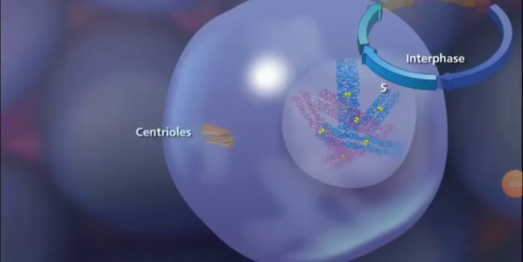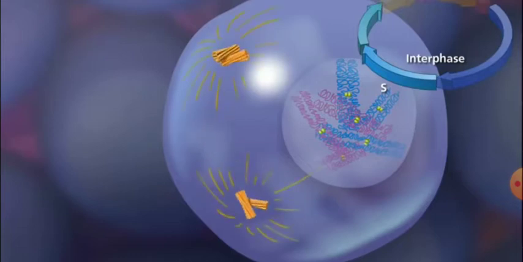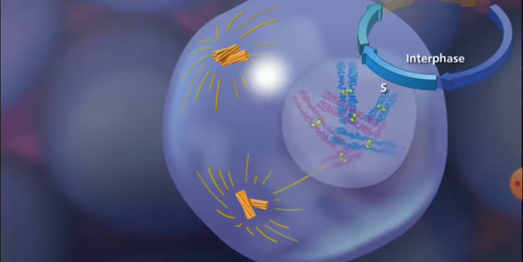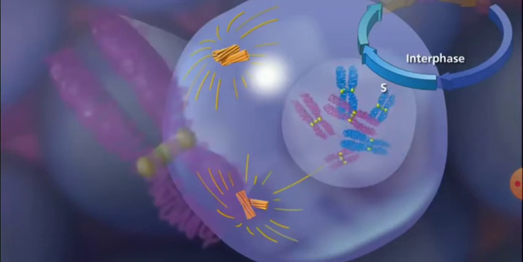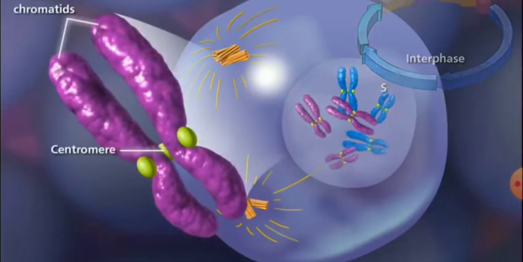See how sister chromatids are formed, how the centriole is divided. Interphase means the cell is preparing for the division. You can see here the centromere is there.